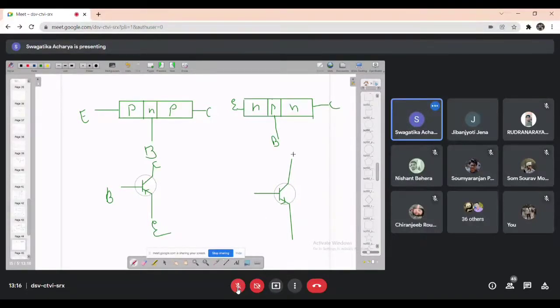Okay, collector, base, emitter, and it is in outward direction.